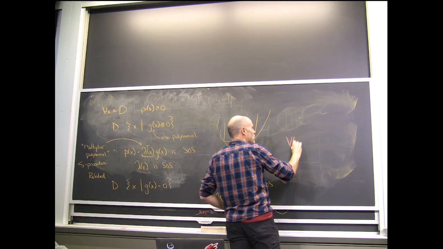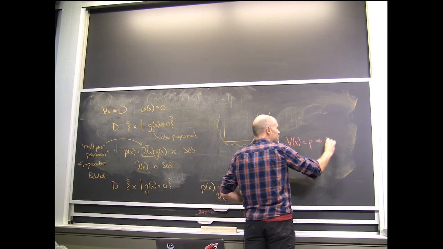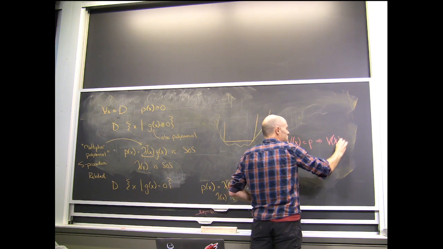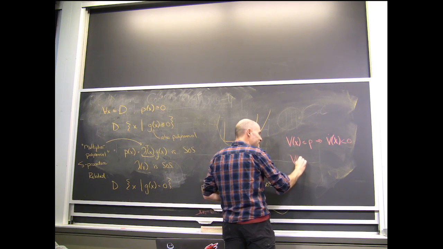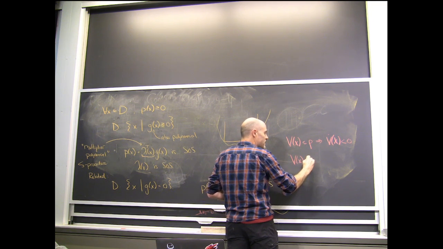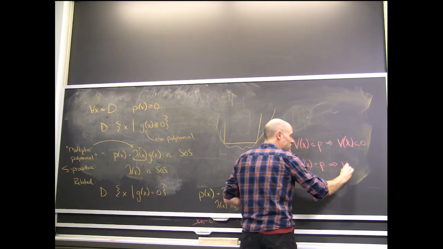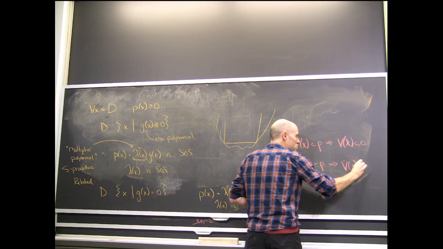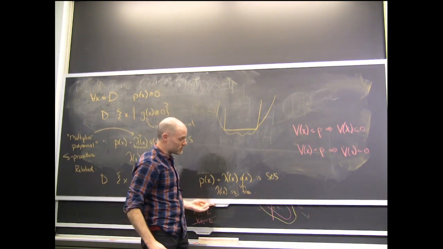What we said before was V of x less than or equal to rho implies that V dot of x less than 0. But if I relax my conditions to say V of x equals rho implies V dot of x less than 0, then that's kind of like this picture here.